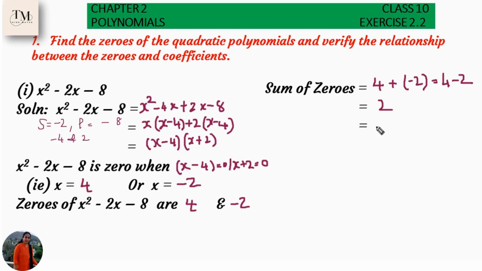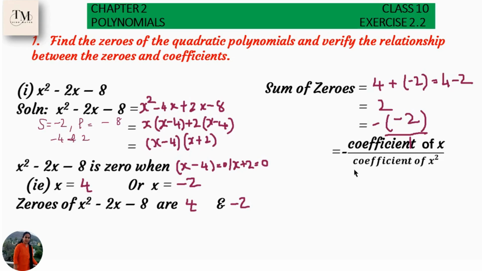So this can be written as minus of minus 2 divided by 1. Okay. Because the coefficient of x is minus 2, in order to get minus 2, I add another minus because here it is a positive value. So this is nothing but minus of coefficient of x divided by coefficient of x square. Okay. So we verified the first relation.